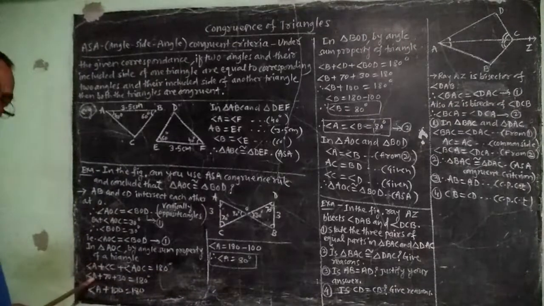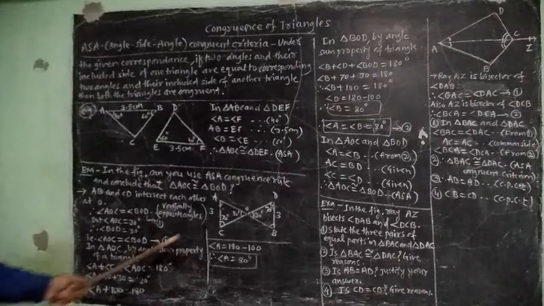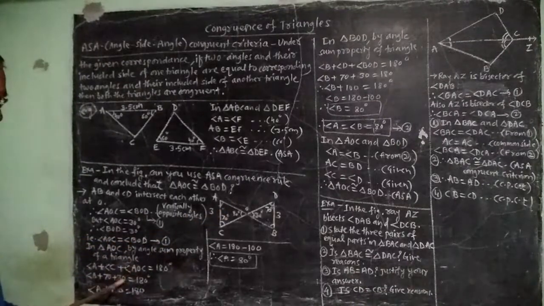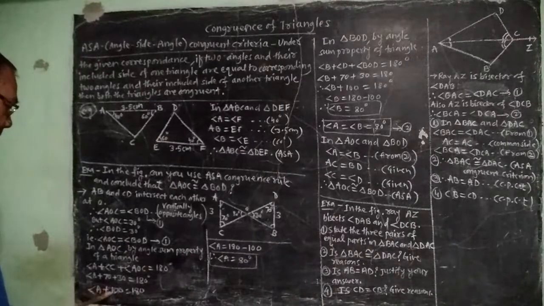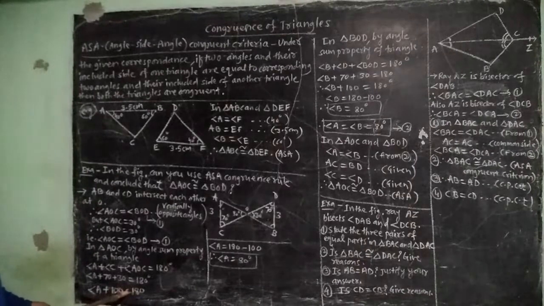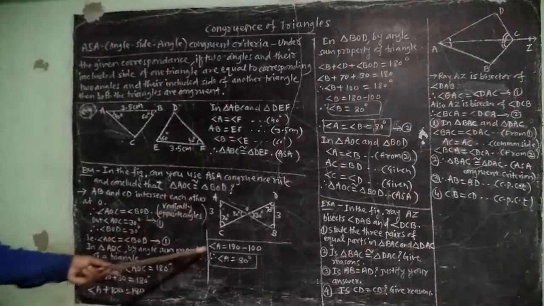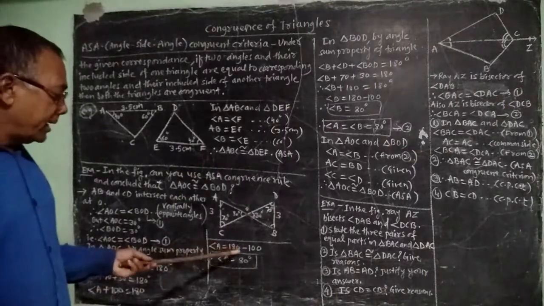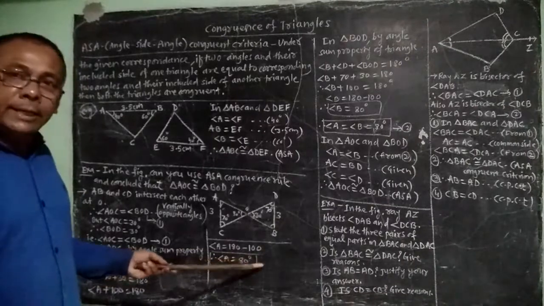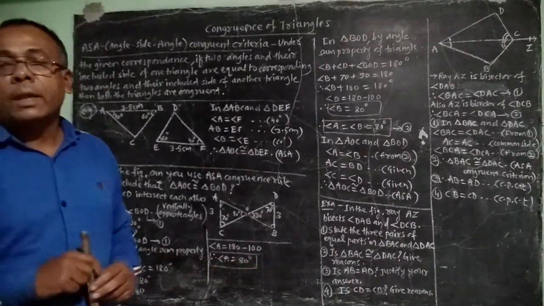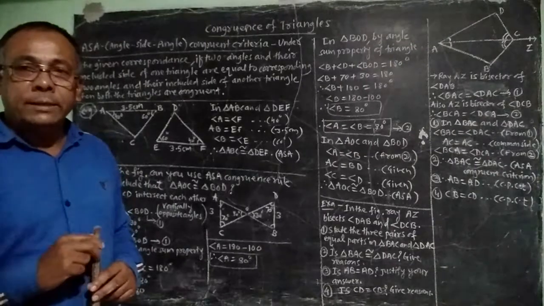Angle A plus angle C is 70 degrees, angle AOC is 30 degrees, and that is equal to 180 degrees. Here 70 plus 30 is 100, and therefore angle A plus 100 is equal to 180 degrees, and therefore angle A is equal to 180 minus 100, that is, angle A is equal to 80 degrees.